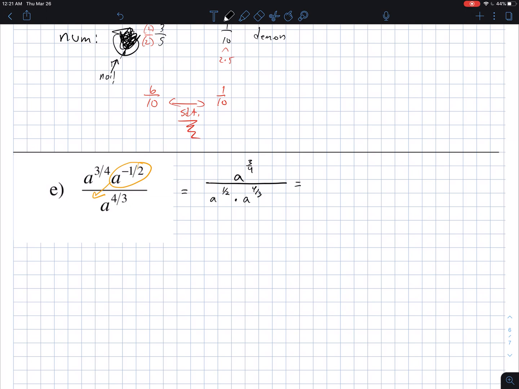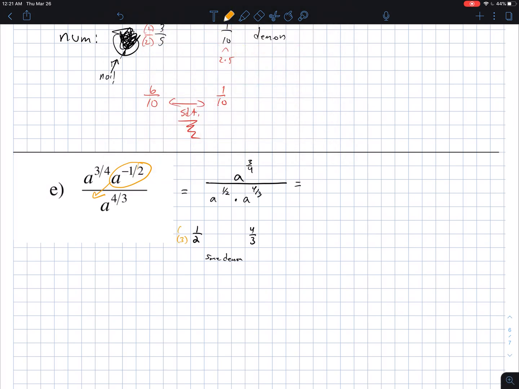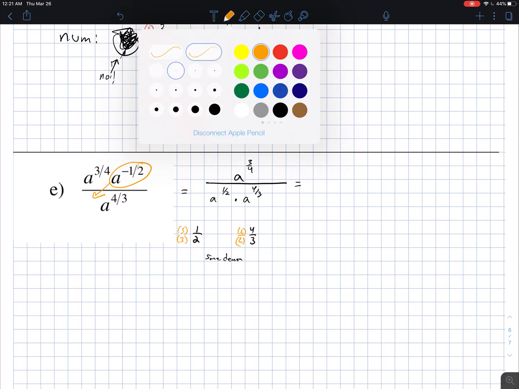So then what would we have? Maybe I should draw it out slowly, down here. 1/2 and 4/3. We need the same denominator. So this one we'd have to multiply by 3 over 3, and this one we'd have to multiply by 2 over 2, and that would give us the actual same denominator, the LCD, right?